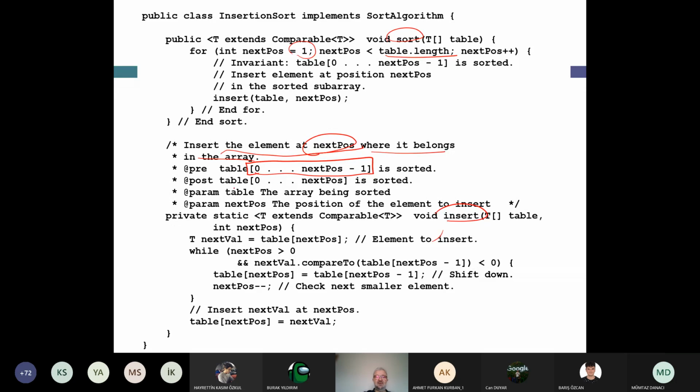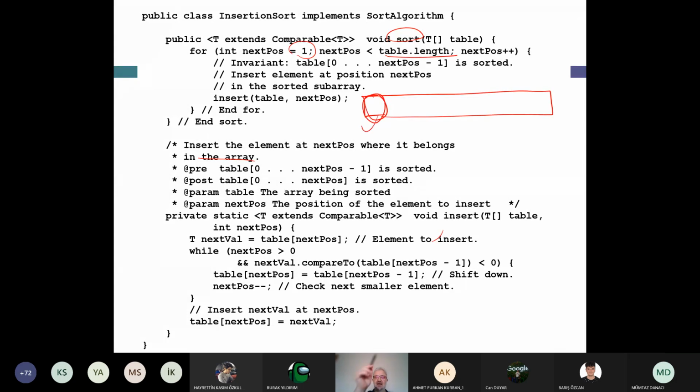And at the end of the operation, the elements, including the next pos, will be sorted. Okay? So, because of that, at the beginning, the first element is sorted. That's checked, right?